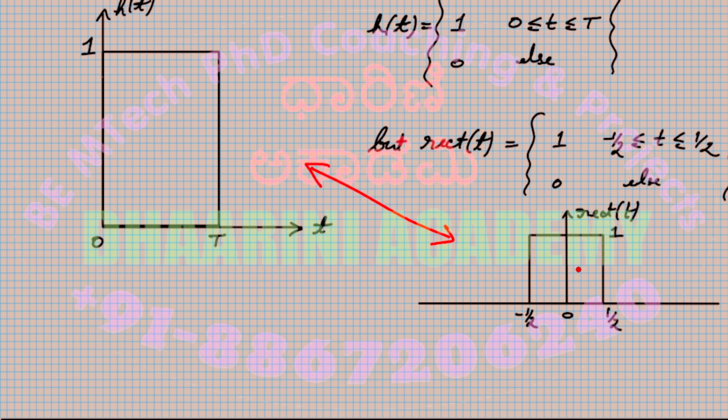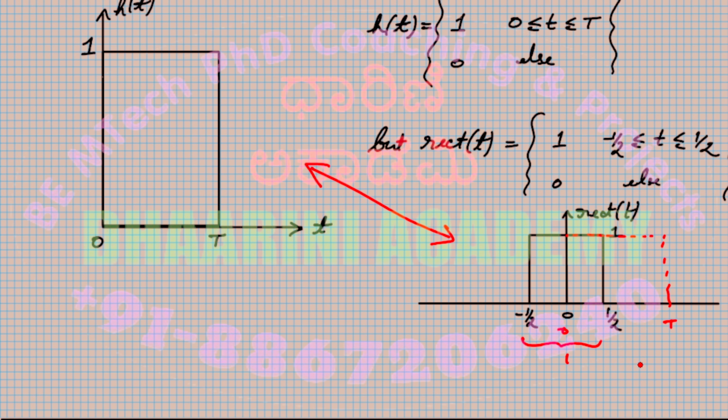Now you can see that in the h of t, this is shifted to right and it is present between, say, 0 to capital T. That's the difference. So what's happening, right? You are scaling and shifting. Can you visualize the two operations here? One is a scaling because the width is how much?